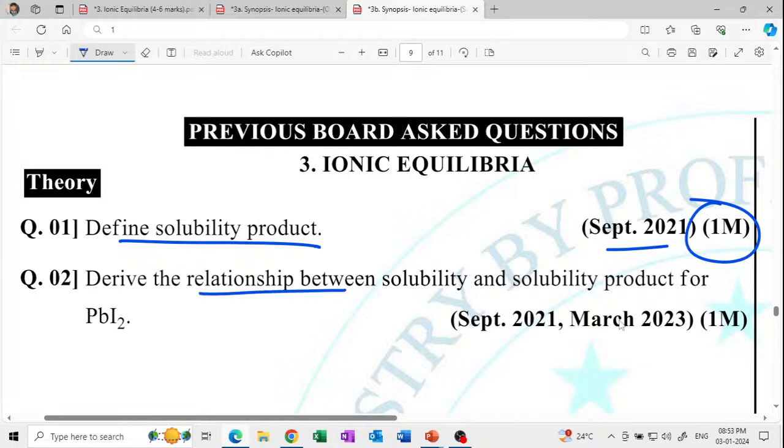Derive the relationship between the solubility and solubility product for PbI2. PbI2 साठी तुम्हाला सॉल्व करायचं.